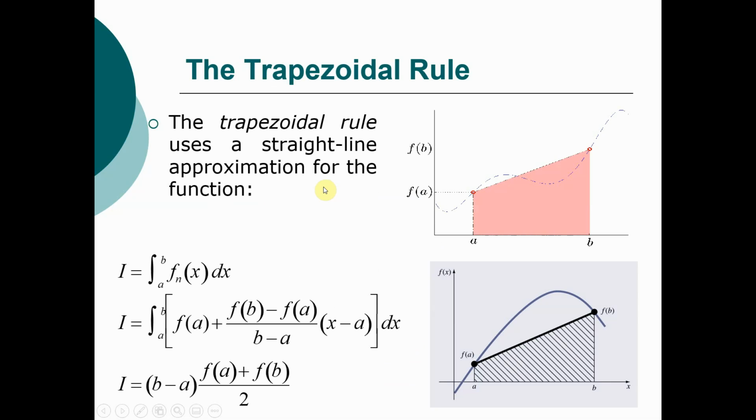The second rule that we can apply for numerical integration is called the trapezoidal rule. Instead of having just a constant function, we approximate the original function within the interval from a to b with a line. Which line? The line that connects the two ends of the interval. So we find f of a, we find f of b, and we connect them.